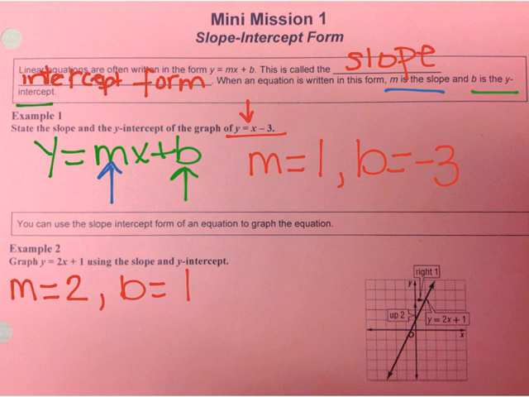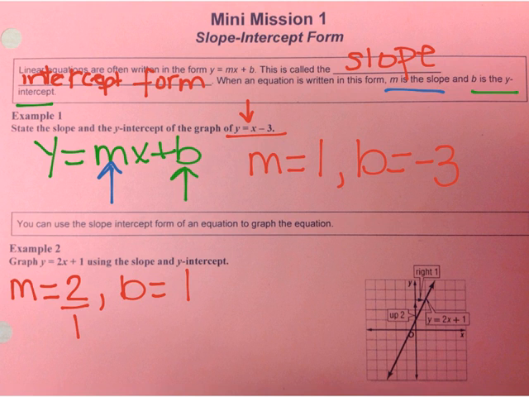Okay, remember when we have slope, it's also a fraction. So 2 is the same thing as 2 over 1. Our y-intercept means that whenever our x is equal to 0, our y value is going to be 1.